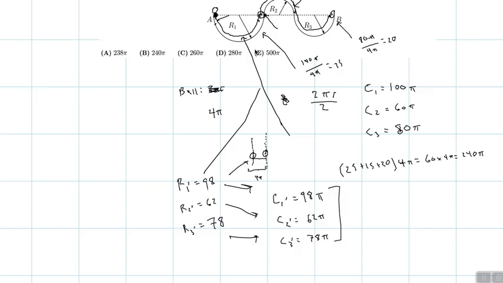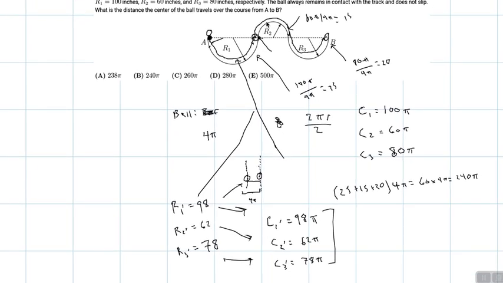The sum of all these are the arcs we're concerned with. That's where the center of the ball comes in. These are the arcs we're concerned with, not what I was looking at here. So the distance the center of the ball travels over the course from A to B is this sum.